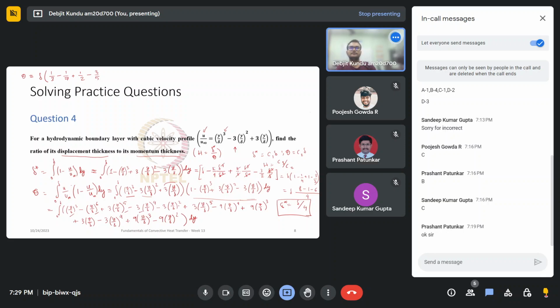Done. This term will give me a cube. So 3 by 3 becomes 1. So minus 1. This is done. Minus 1. And this would give me plus 3 by 6, which is half. So plus half. Then this would give me minus 9 by 5. This should be plus 9 by 4.